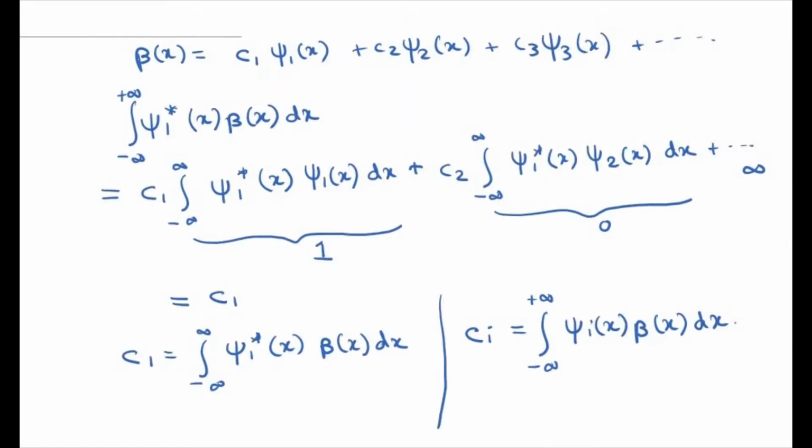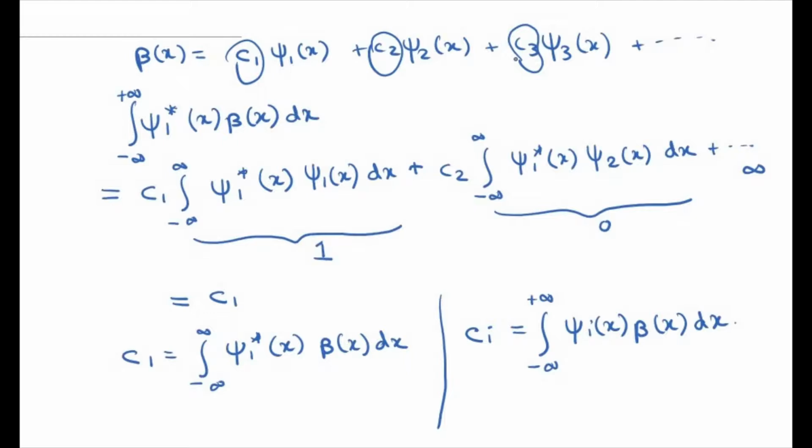And I again repeat that the reason why we take the orthonormal eigenstates of an operator to be the basis is because it is fairly easy to calculate the coefficients C1, C2, C3 if we express the wave function in terms of such a basis.